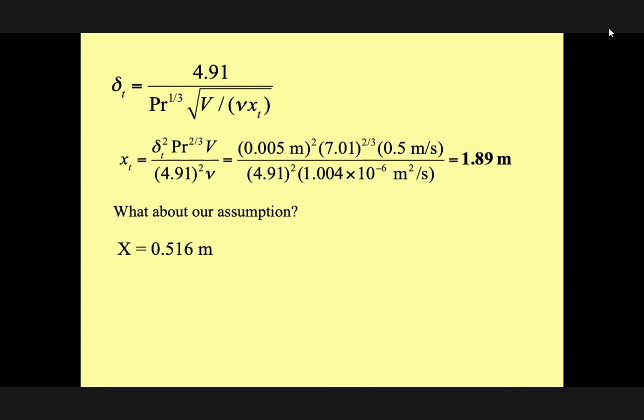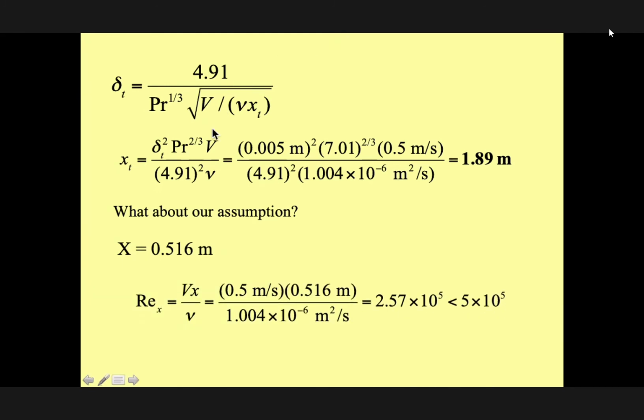Therefore, here, let's say for velocity at least, I look at here, because I'm dealing with this one, and I calculate my laminar velocity, it was 0.5. At X equal 0.516, I'm trying to see if my velocity profile is laminar or turbulent. Here is the number, and this is the kinematic viscosity.